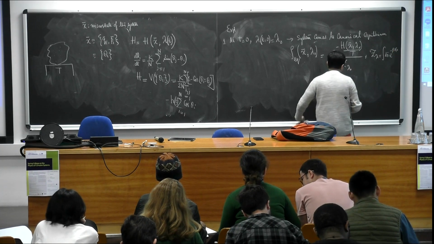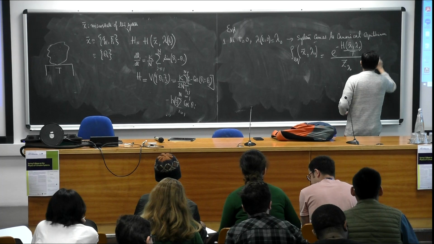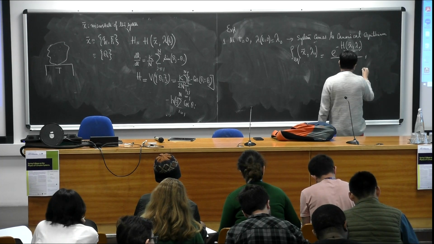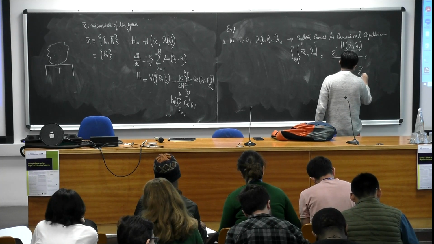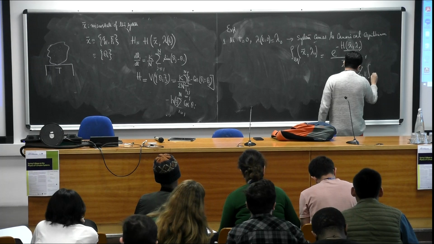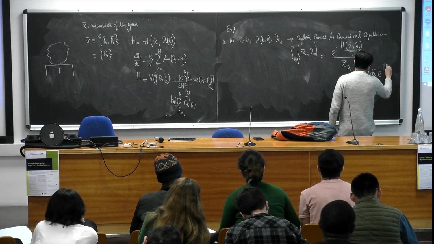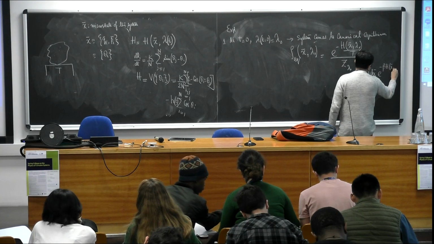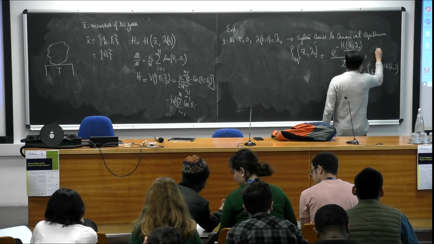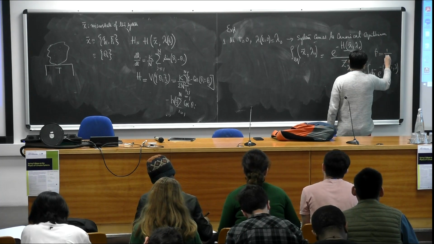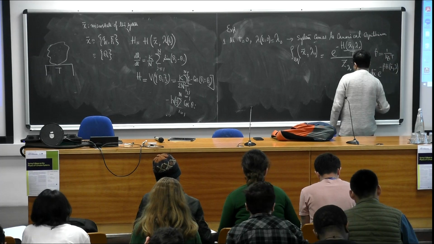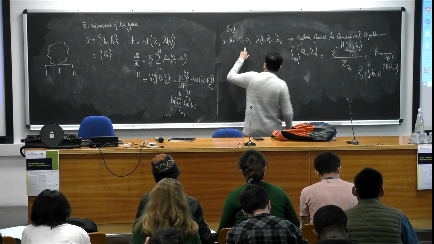Let me write it big. Where beta is 1 over k_B T. So this is at t equal to 0.